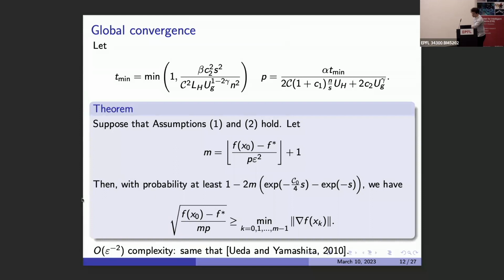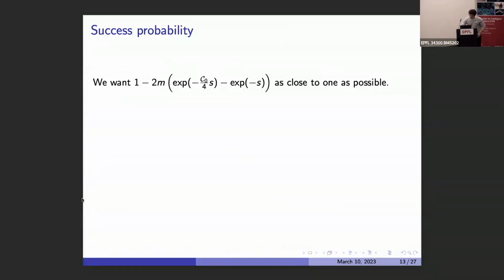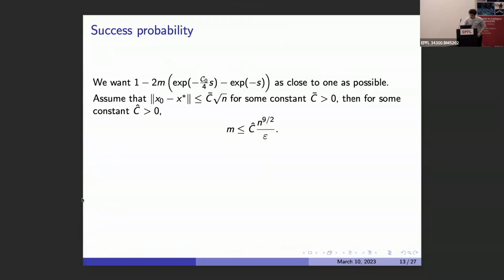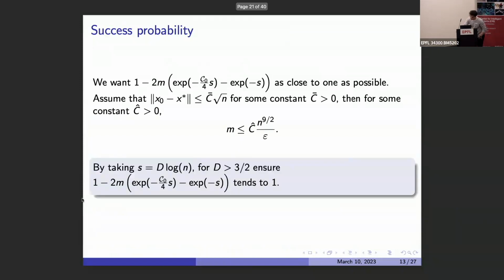I have to convince you that this probability is actually high, close to 1. It's easy to see, because if you assume that the norm between the initial point and the solution grows as a polynomial of n, then you can take the dimension s to be some constant times the logarithm of the original dimension.